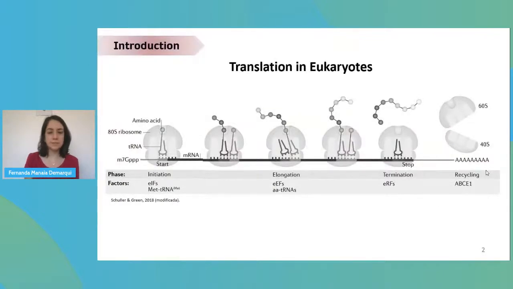First of all, I'd like to remind you of the protein synthesis process. Translation is the process where ribosomes and translational factors recognize and decode the messenger RNA template by cycling through translation initiation, elongation, termination, and ribosome recycling phases.